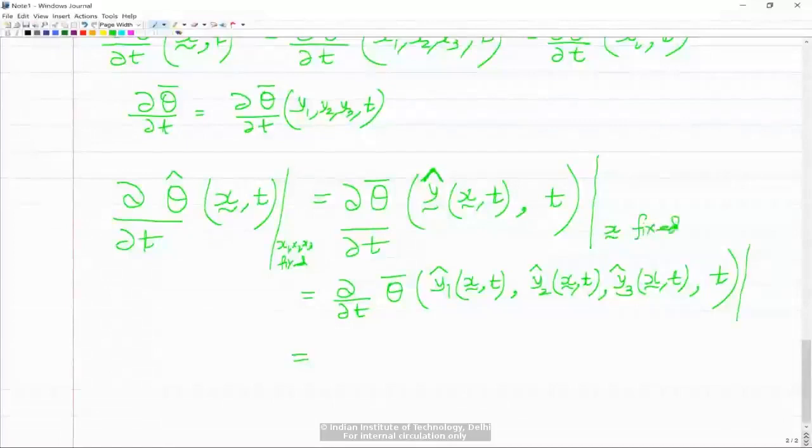Then only the two time derivatives will be the same. Earlier they were not the same because one was keeping x fixed and the other was keeping y fixed. But here, if we want to equate the time derivatives, we have to say for both of them keeping x fixed. Coming back here, this is again keeping x fixed.